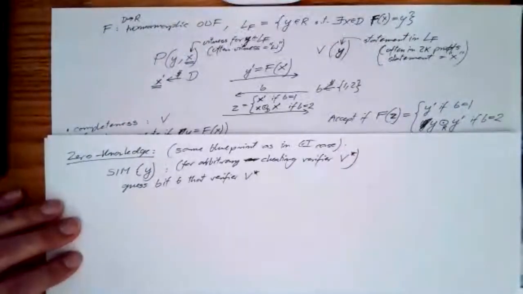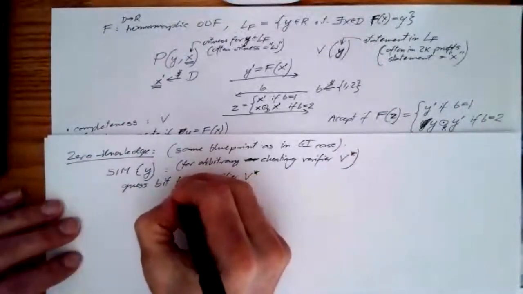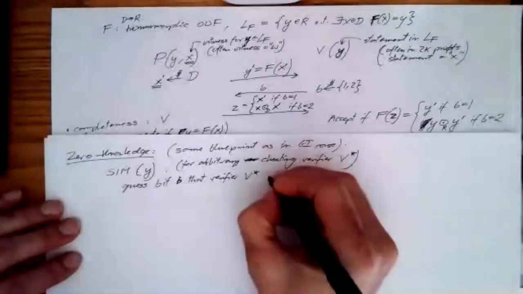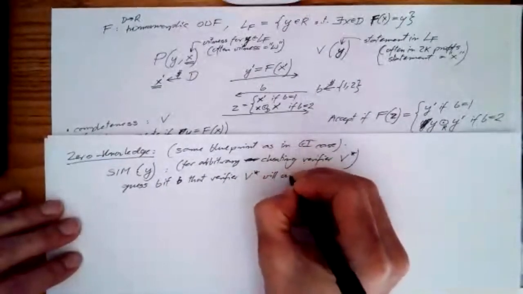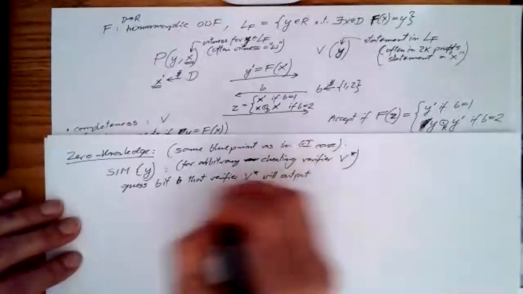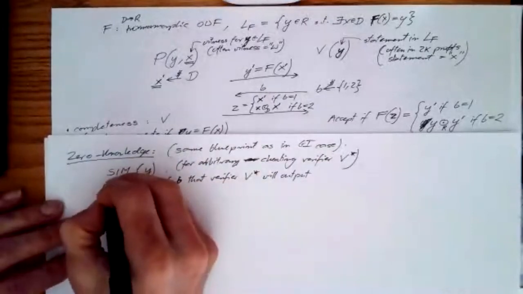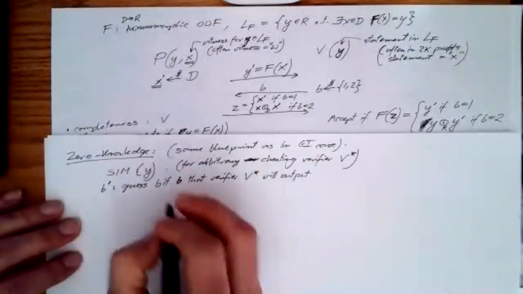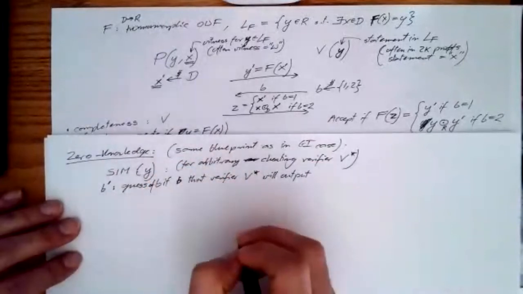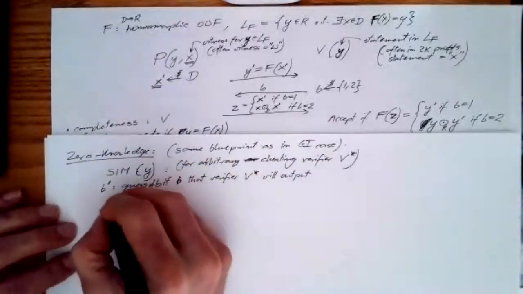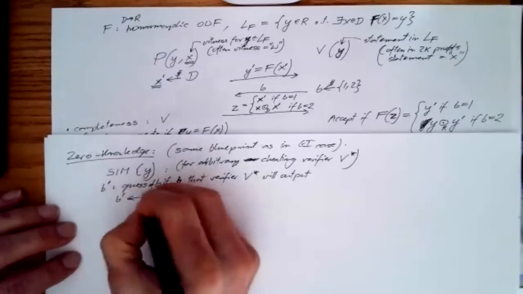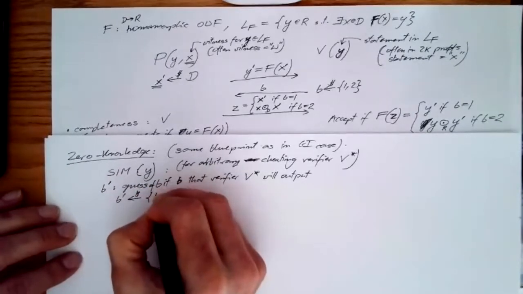Let's call him V star. Let's guess the bit B that verifier V star will output, and let's call this guess of bit B, B prime. So B prime is chosen at random. It's either 1 or 2.